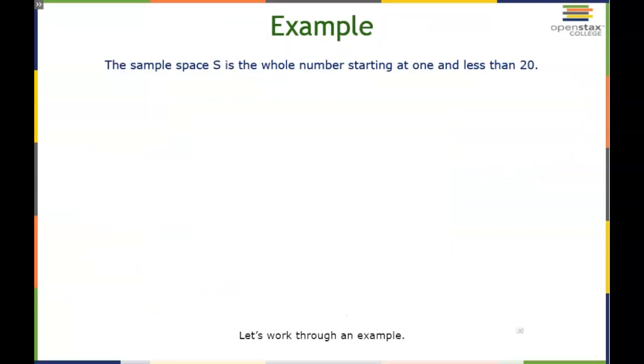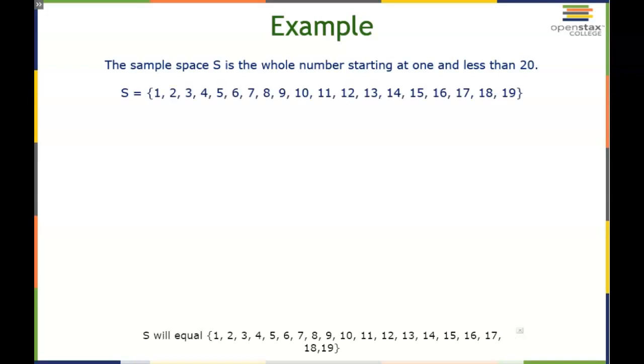Let's work through an example. The sample space S is the whole numbers starting at 1 and less than 20. S will equal the set of 1, 2, 3, 4, 5, 6, 7, 8, 9, 10, 11, 12, 13, 14, 15, 16, 17, 18, 19, because we are strictly less than 20.